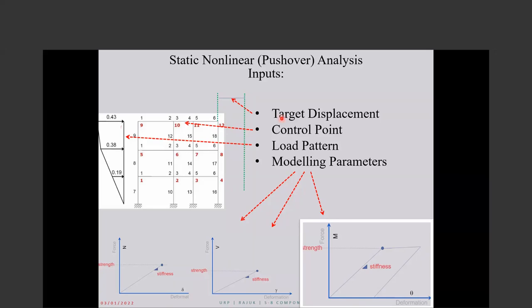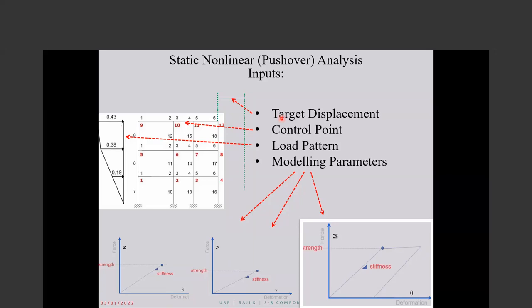Therefore, target displacement is one of the most important inputs in the pushover analysis. But this target displacement will be at a specific point, which we call the control point, and the control point usually is the mass center of the roof.